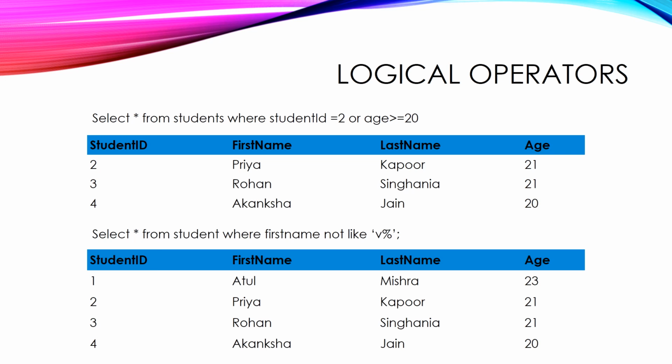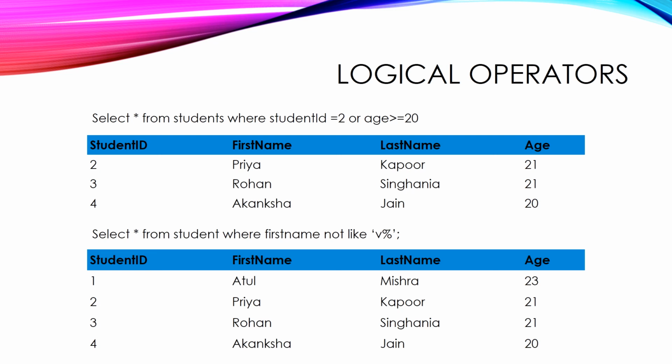SELECT * FROM students WHERE student ID = 2 OR age >= 20. The above query contains 2 conditions. If any one condition is satisfied, then the record will be displayed. So records 2, 3, 4 will be displayed.